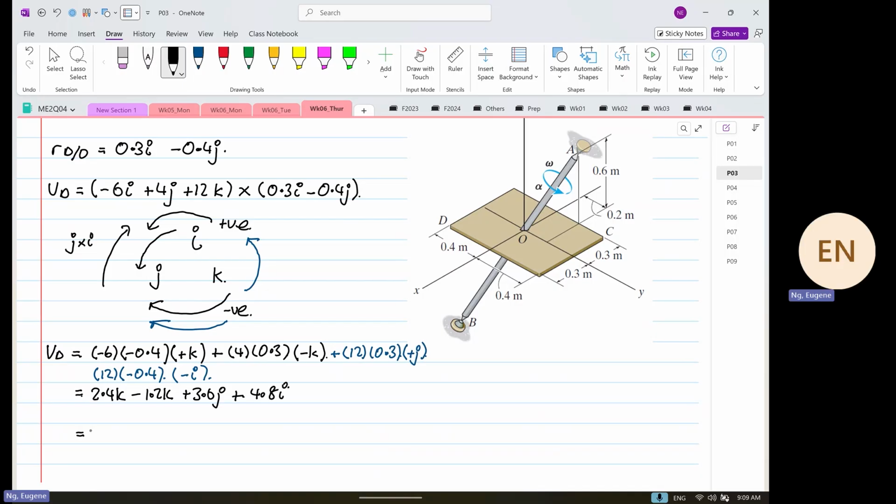So the result comes to be 4.8i plus 3.6j plus 1.2k.